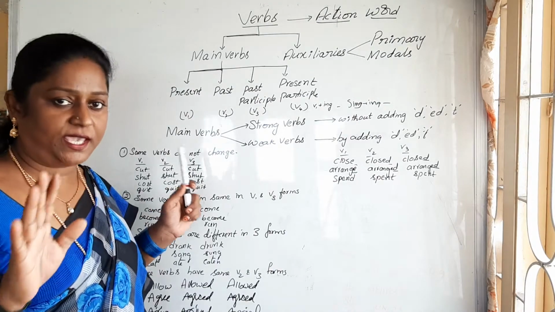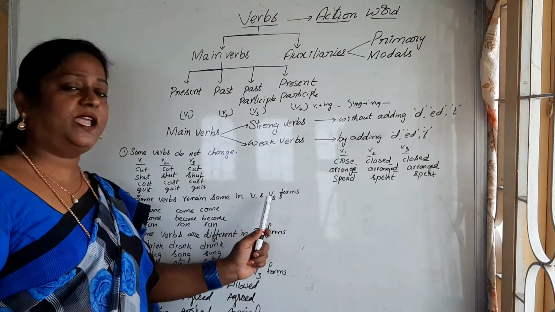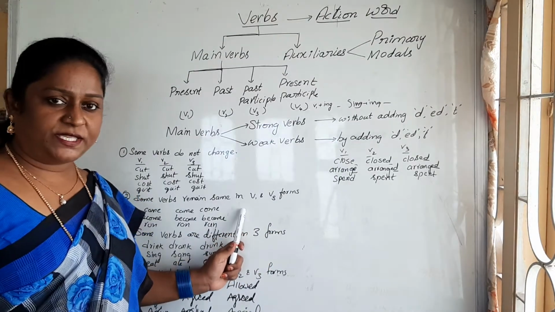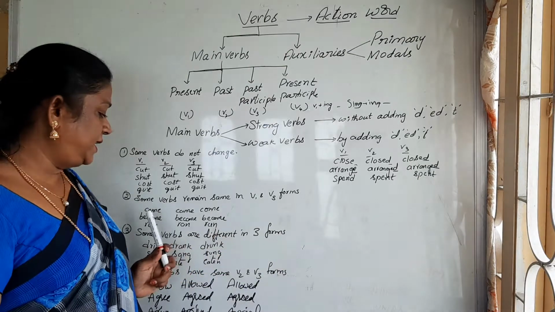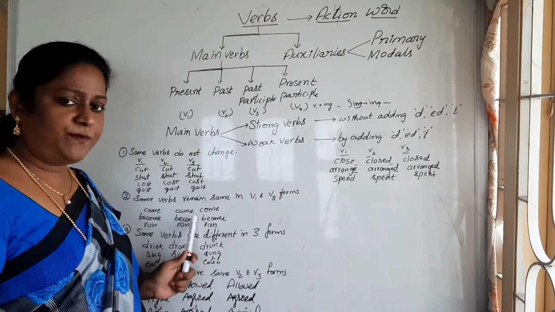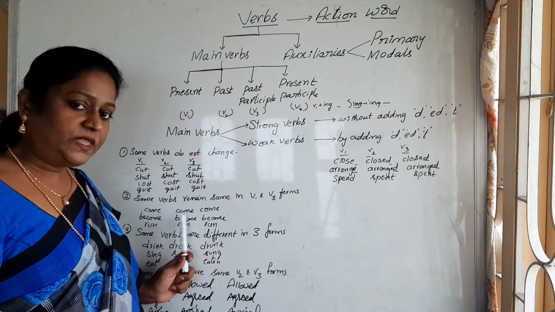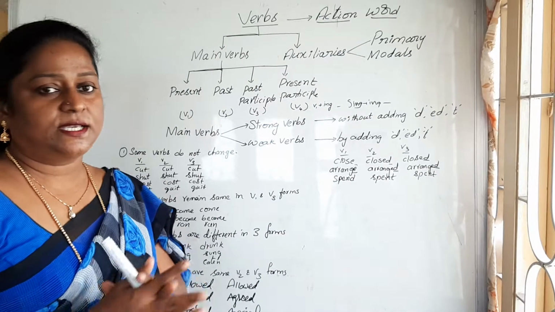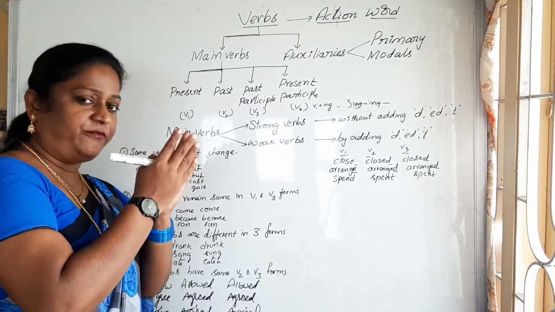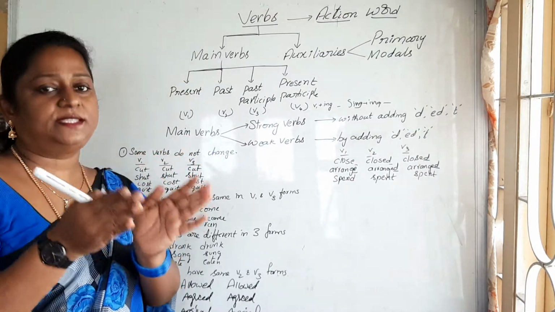Some verbs remain same only in V1 and V3 forms, that is present form and past participle forms. See, come, came, come. Become, became, become. Run, ran, run. So here we see that the first form V1 and the third form V3 remain same.